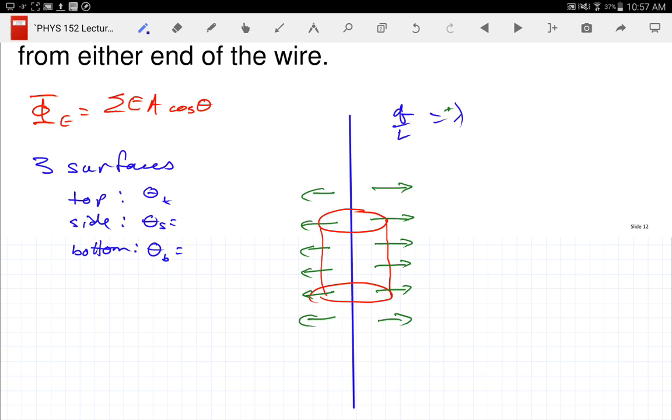The electric field and the normal to the surface. Saying the surface is a correct way of saying it, but I say the normal to make sure we're clear what direction it is. So I've drawn the electric fields. In blue, I'll draw the direction for the normals. On the side, the normal points like this. On the bottom, the normal points like this. The top, the normal points like that.